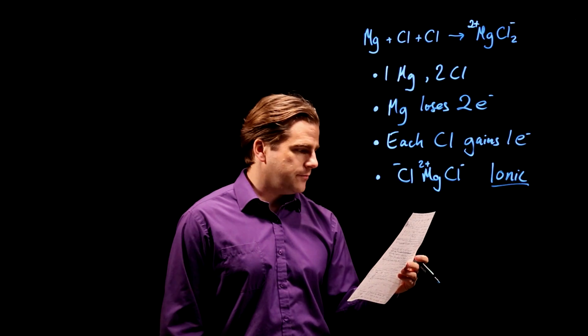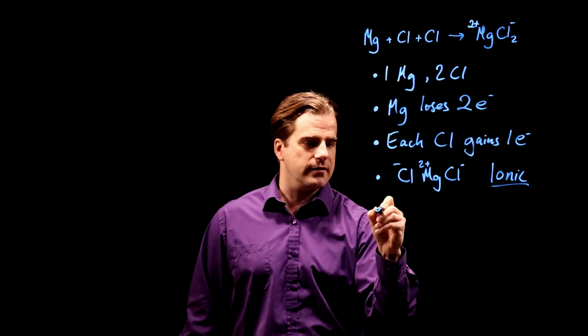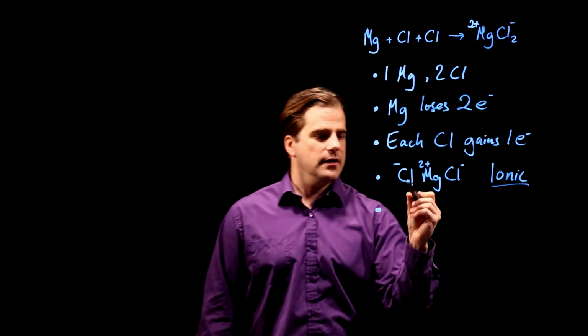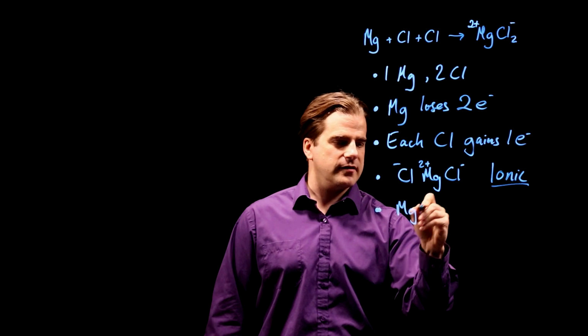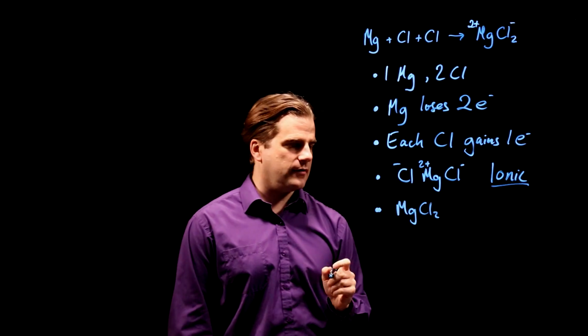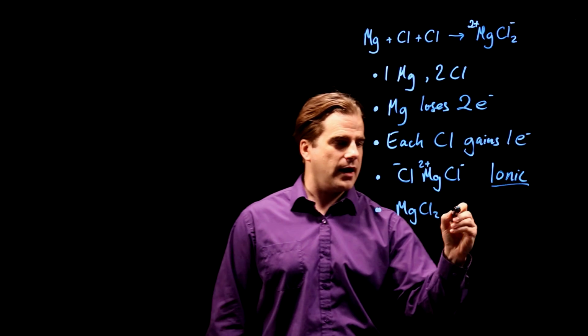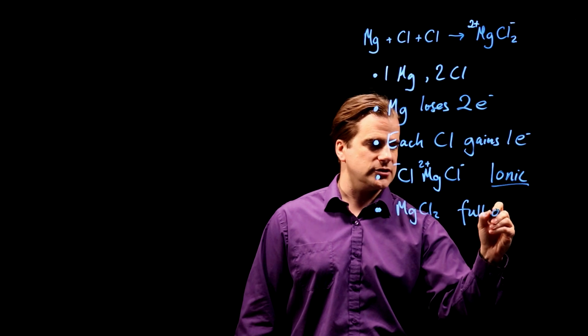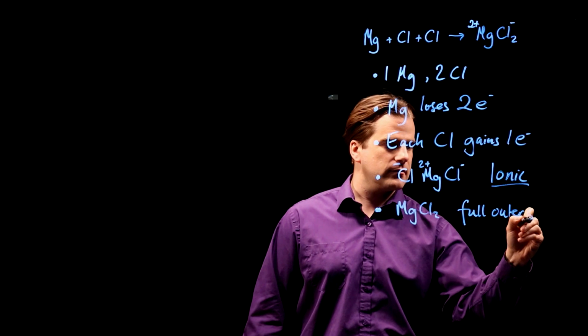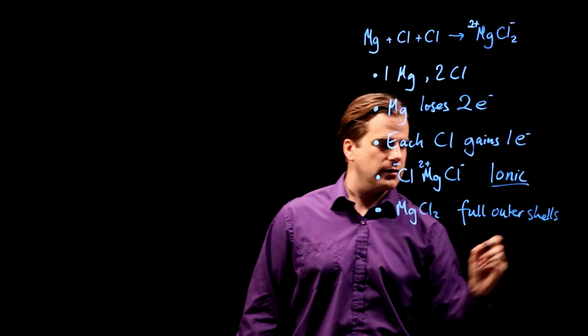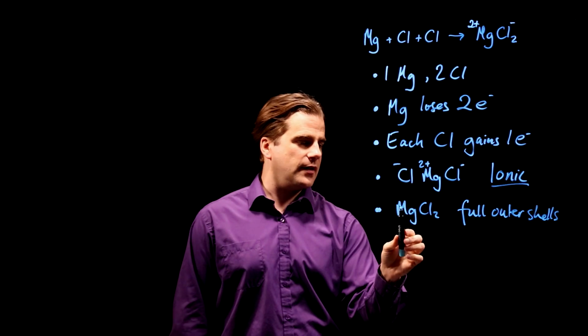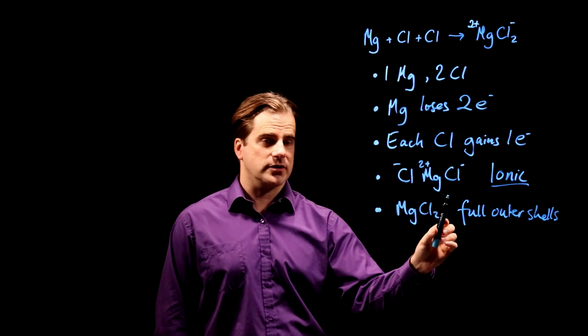What else can you say? Oh yes, you do need to say this. Say that in the MgCl2, magnesium chloride, both the magnesium and the chlorine have full outer shells. You can also say, if you like, that they have a noble gas electronic structure.